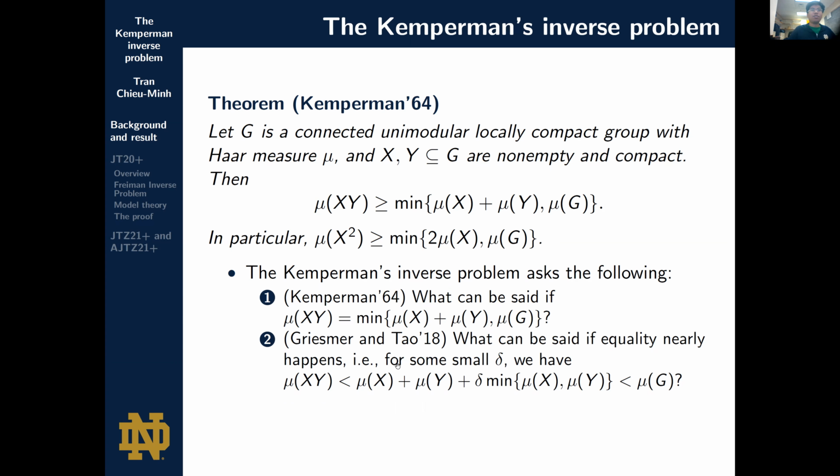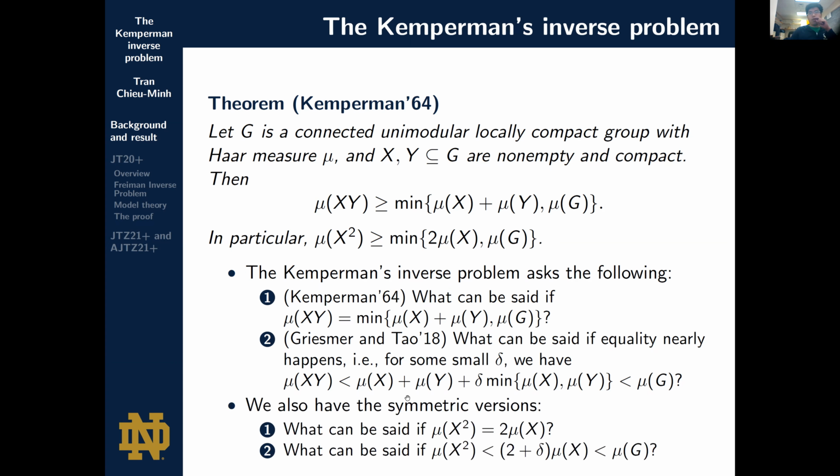Maybe it's fair to say that this is called the inverse Kemperman problem. And we also have the symmetric version, right? What can be said if the measure of X squared is just 2 times the measure of X? And what can be said if the measure of X squared is smaller than 2 times the measure of X plus a little error term?